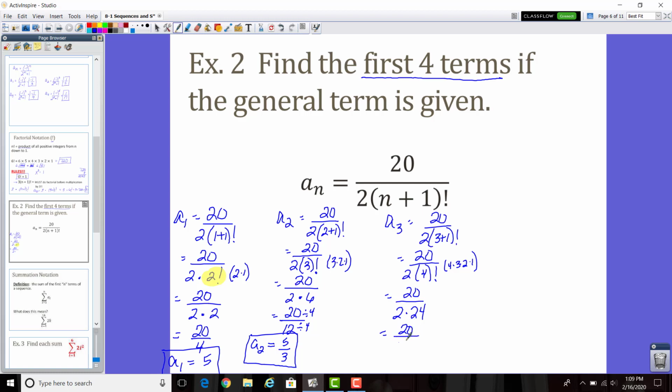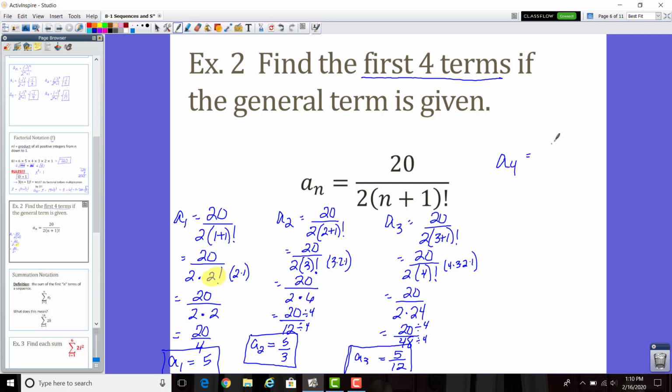So 20 will divide by 48. And again, we can reduce that by dividing by 4. 20 divided by 4 is 5. 48 divided by 4 is 12. So we have a third term of 5/12.